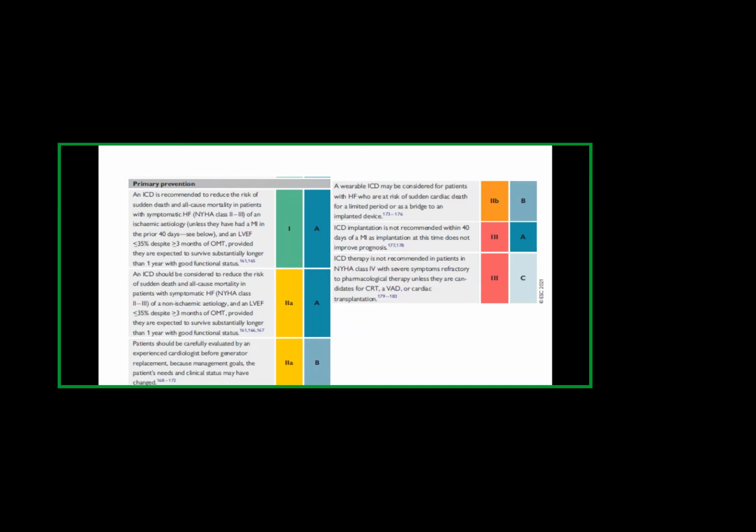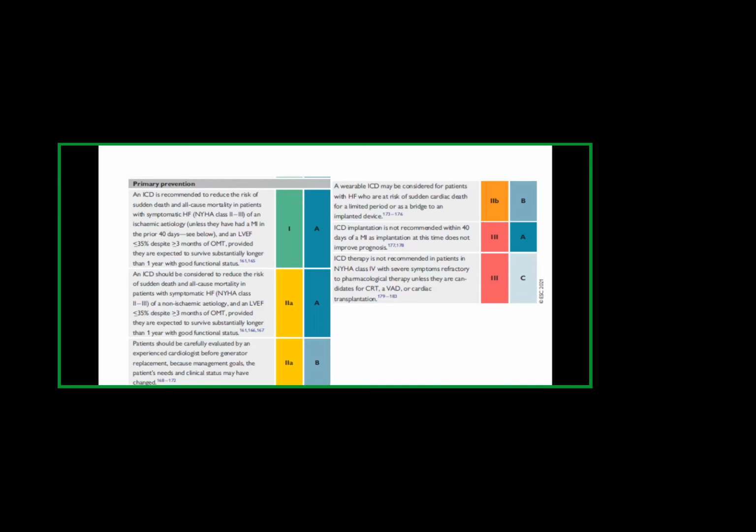Let me take this one again because it's actually very important. Patients who have symptomatic heart failure, symptomatic despite being on guideline-directed optimal medical therapy, NYHA class 2 or 3, ejection fraction less than or equal to 35% despite 3 or more months of guideline-directed optimal medical therapy.